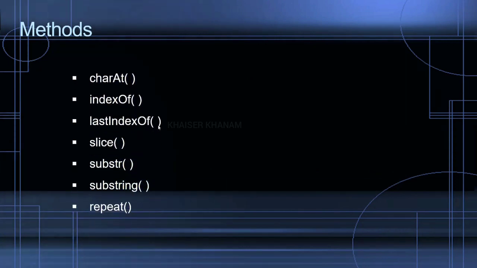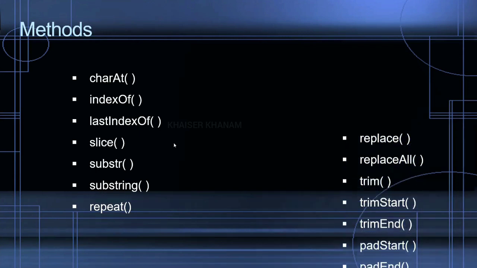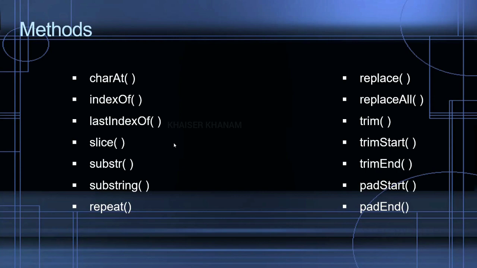Now these are the methods in JavaScript for strings. We have charAt, indexOf, lastIndexOf, slice, substring, and plenty of other methods in JavaScript. You can see all these methods; we are going to understand them one by one. And these are also methods.